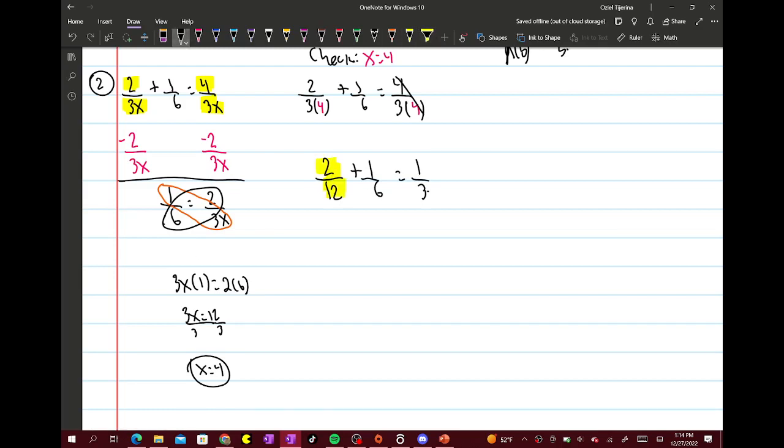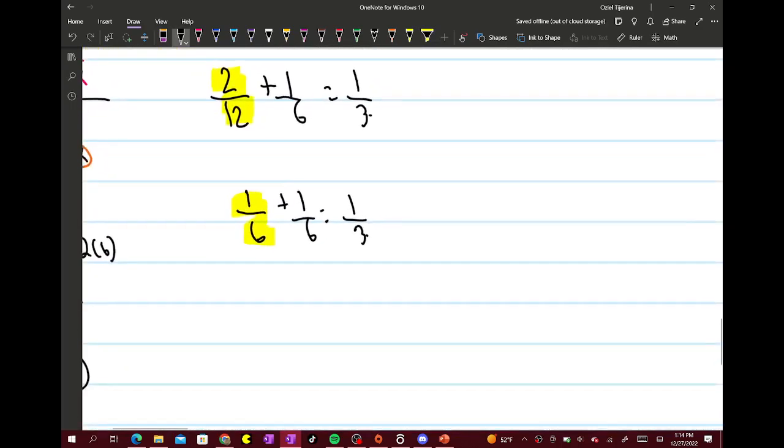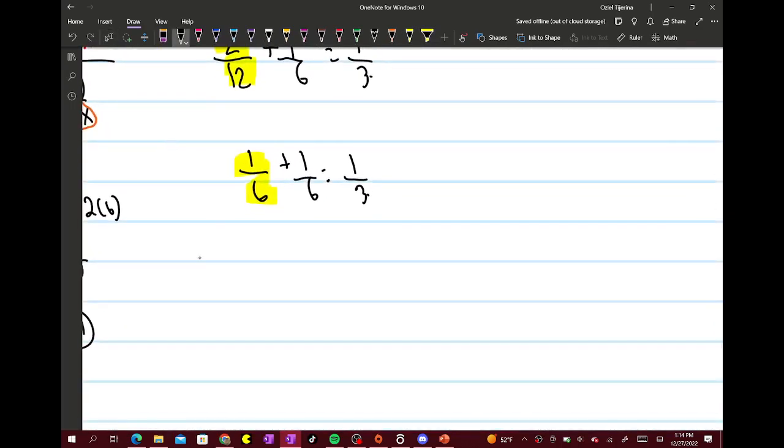I think it's 1 over 6, divided by 2 on top and bottom, so 1 over 6 plus 1 over 6 equals 1/3. So that's what this would be, right? And then this is 2 over 6 equals 1/3.